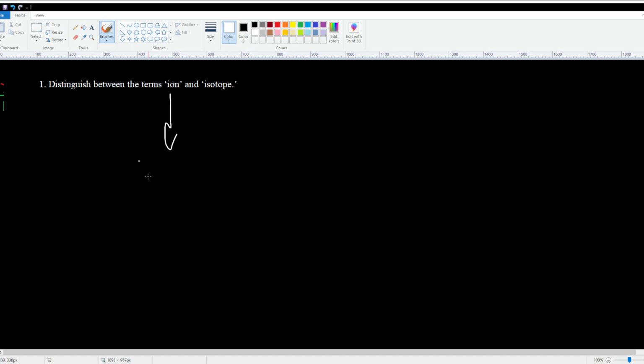If we have more electrons than protons, we have an anion. And if we have fewer electrons than protons, we have a cation. So when we're talking about ion, we're talking about charge, basically.